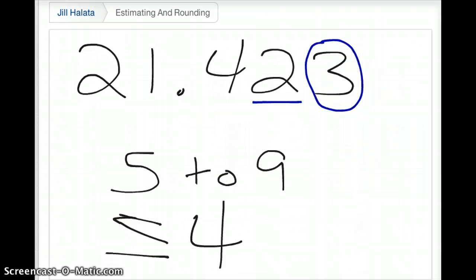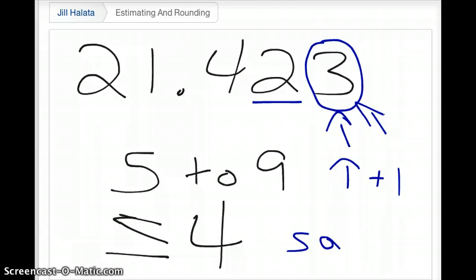So remember, if the one inside the circle is 5 to 9, then you're going to go up, so it would be a plus 1. And if the digit inside the circle is less than or equal to 4, then it's going to stay the same. Okay? It is less than 4, it's a 3.